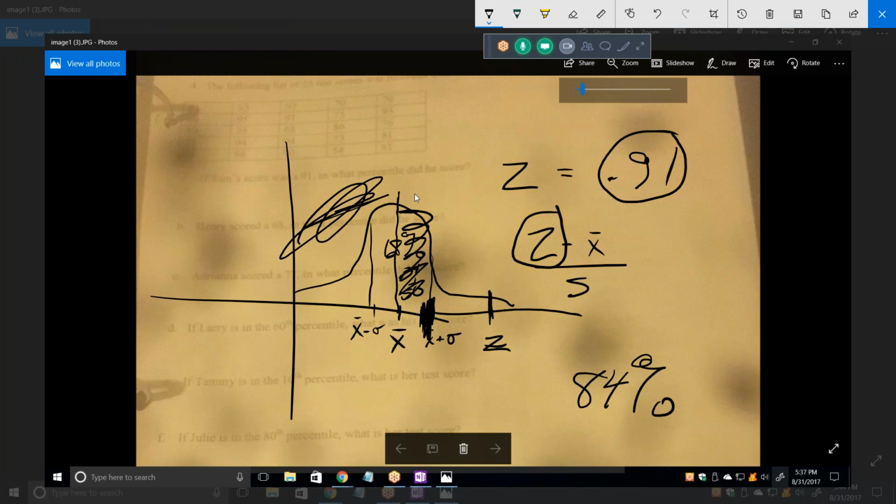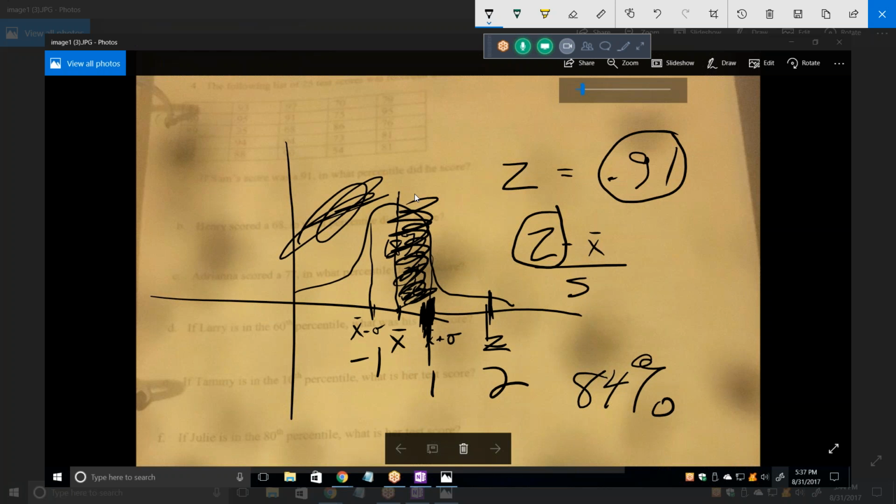Okay? Mm-hmm. But if Z is not a whole number, then you need a table to tell you what percent of this section of the graph, basically, we're talking about. Because this is a Z of 1, that's a Z of 2, that's a Z of minus 1.